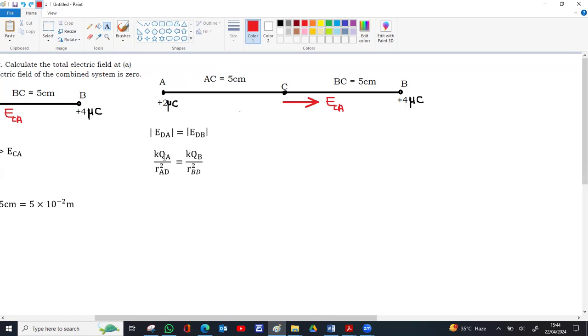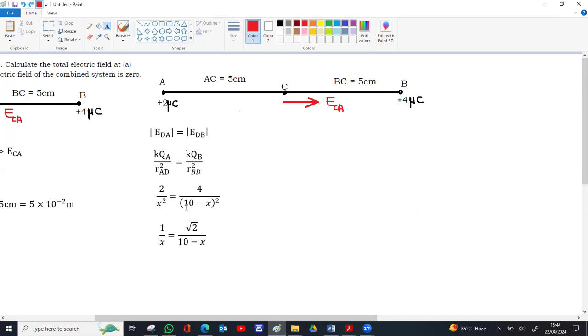Micro gets cancelled, so you can have 2 here, 4 here. If you take RAD as X, then RBD will be 10 minus X. So 2, 4. Then you can take the square root on both sides after cancelling. 2 will go, 4 will go. So 2 will come here.